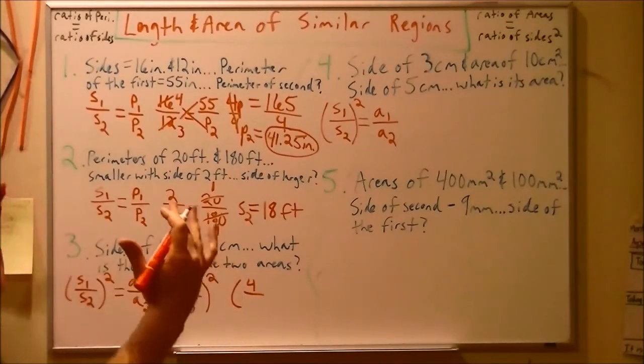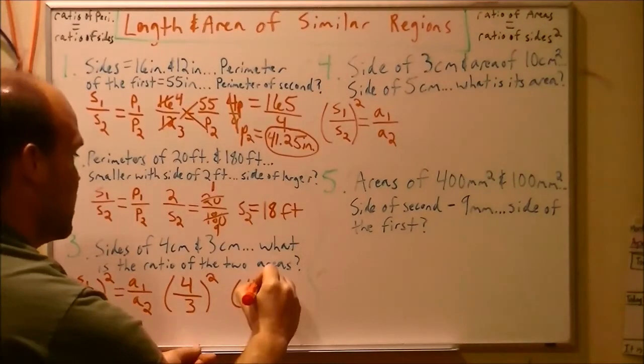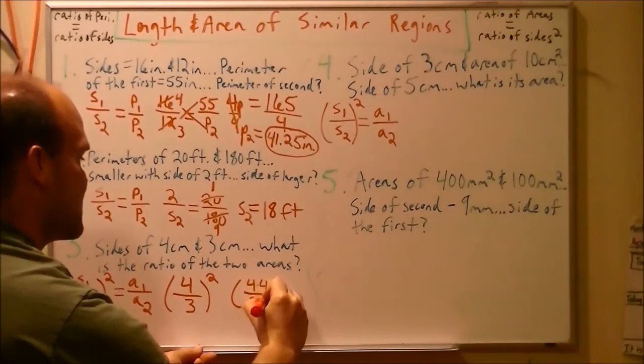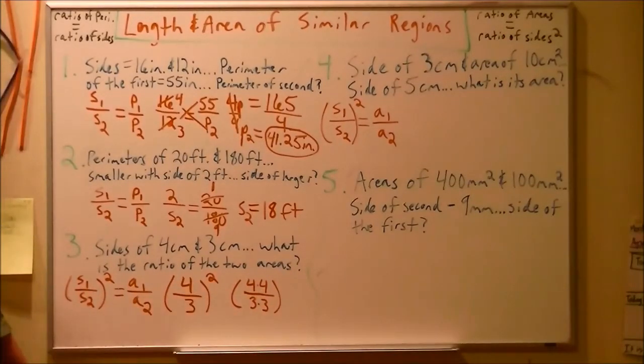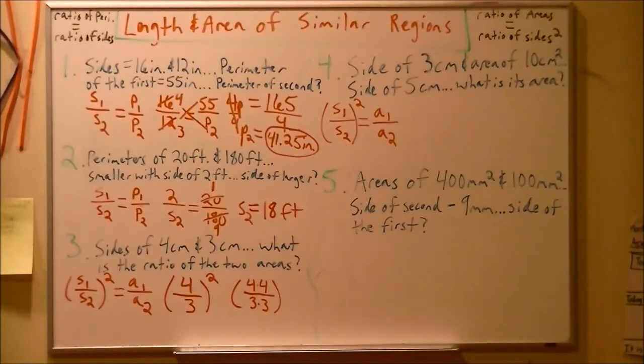When you have the same thing being done to all of it inside, you can actually break it up. And that's exactly the same thing. 4 squared means 4 times itself, so 4 times 4. And then what we're going to have is 3 times itself, 3 squared, which is 3 times 3.